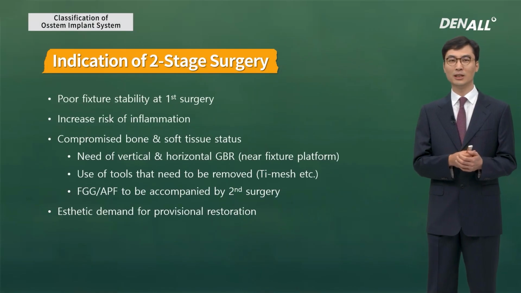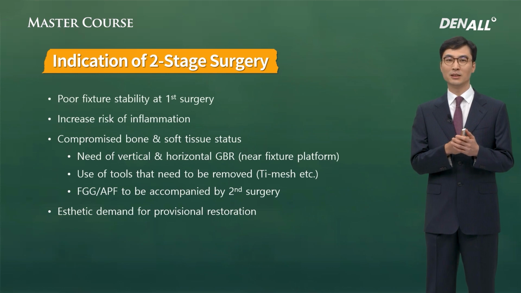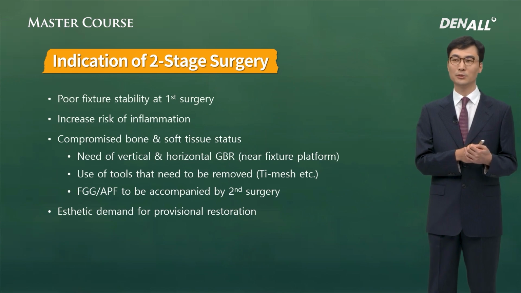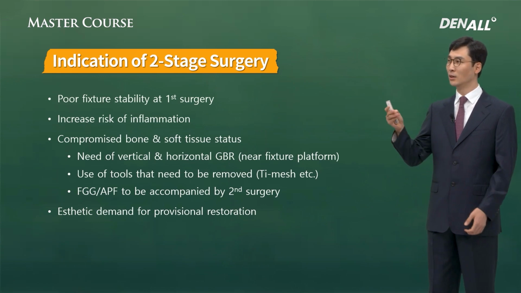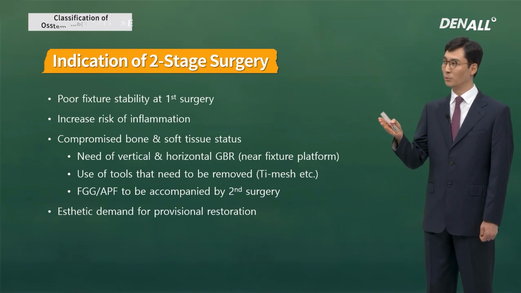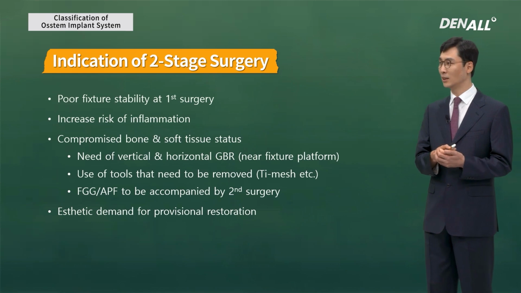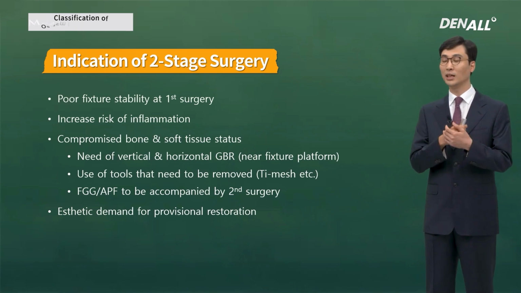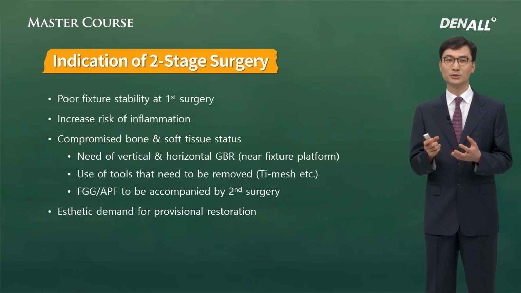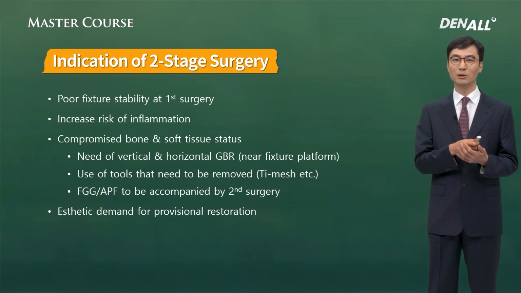So non-submerged type and the submerged type have been explained. As I said before, if conditions are very good, as much as possible, non-submerged type one-stage surgery is preferred, but when implant stability is poor and there is a risk of inflammation, and the vertical or horizontal GBR, a lot of them is needed near implant platform, or the use of tools that need to be removed, such as a titanium mesh, or when additional soft tissue surgery is required for the second surgery, submerged type implant with a two-stage surgery need to be used.